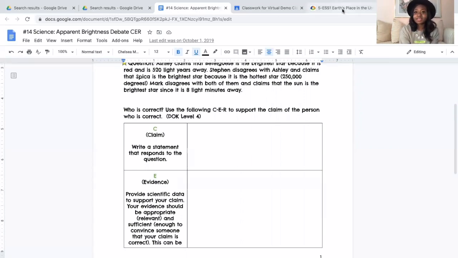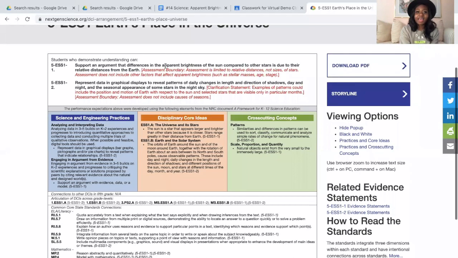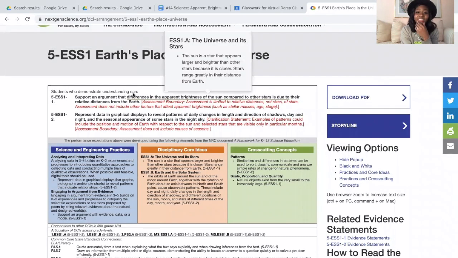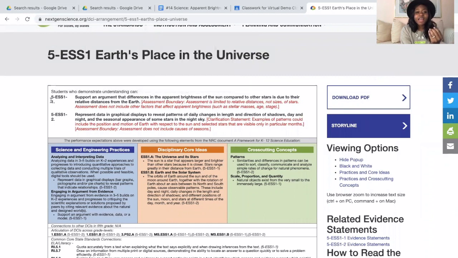And in this tab right here, I have exactly what performance expectation is being addressed. So 5-ESS1-1 states, support an argument that differences in the apparent brightness of the sun compared to other stars is due to their relative distances from the Earth.